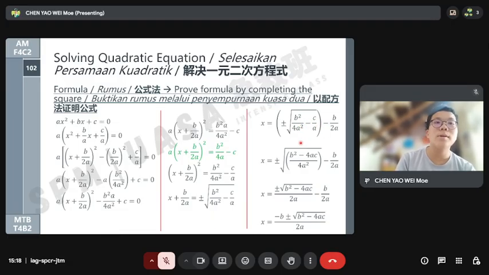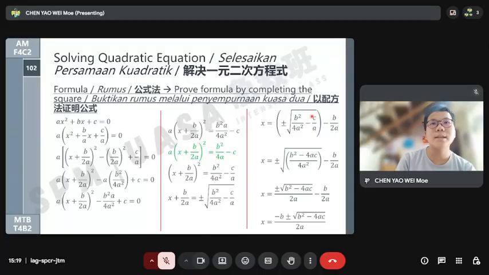Remember, when the positive goes to the negative side, it becomes negative b over 2a. And we can do what? We can make the denominator the same for this fraction.